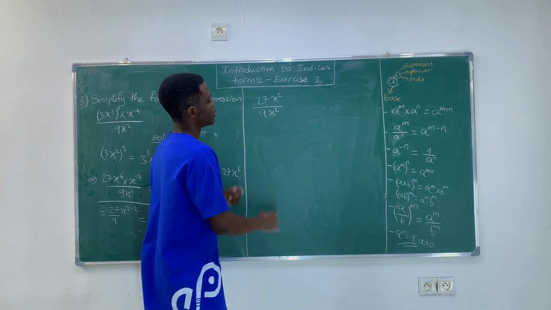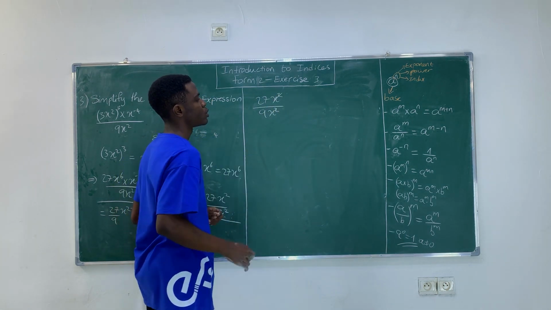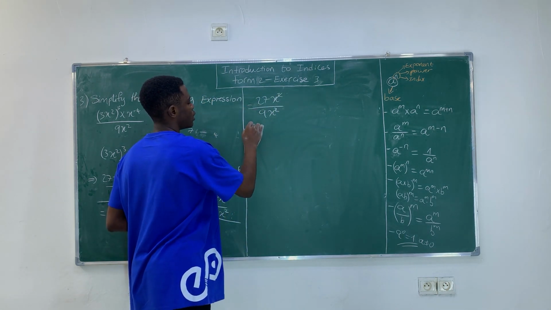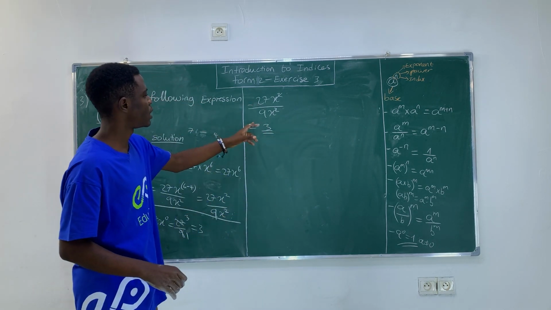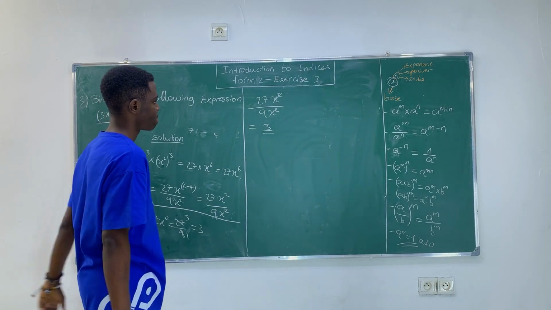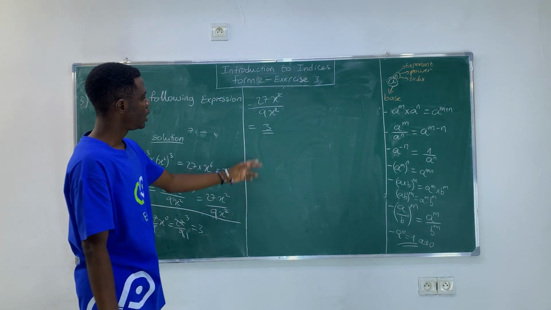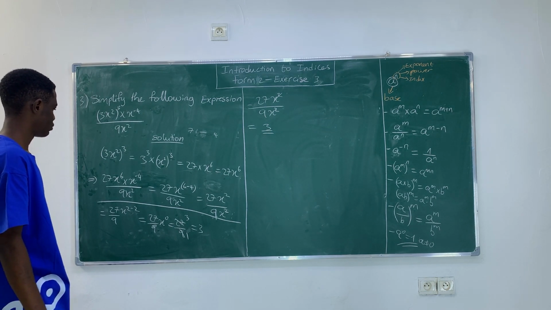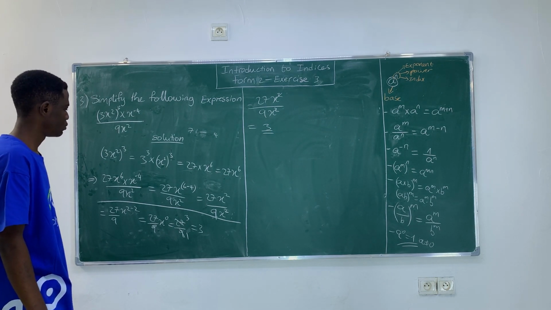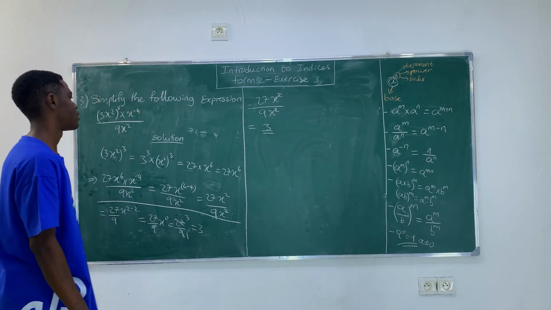Any number divided by itself is going to be 1. So these two are going to cancel and give you 27 over 9, and it is just going to be equal to 3. 27 divided by 9 is 3. So yeah, that is all about exercise 3.